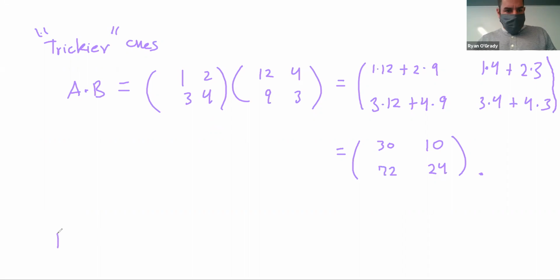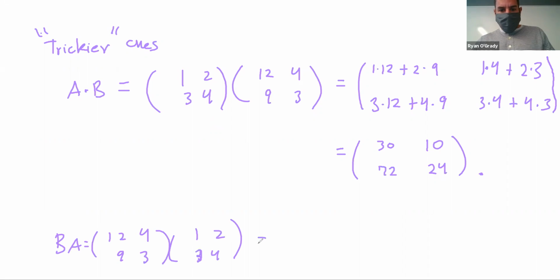All right, now let's look at B times A. That's 12, 4, 9, 3 times 1, 2, 3, 4. First row, first column gives me 12 and 12, which is 24. First row, second column gives me 24 and 16. Well, what's 24 and 16? It's 40. Second row, first column gives me 9 and 9, which is 18.